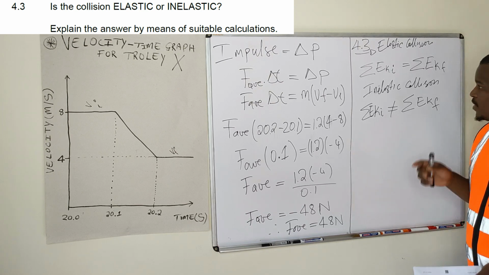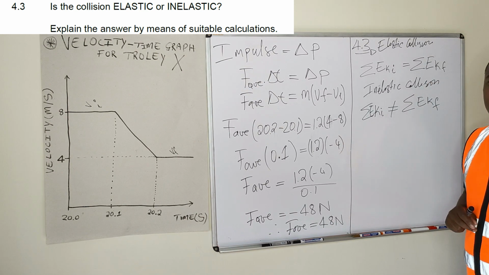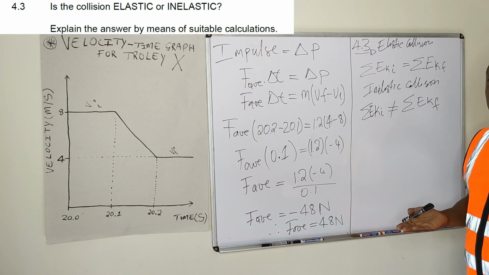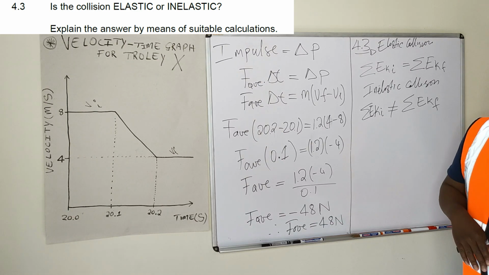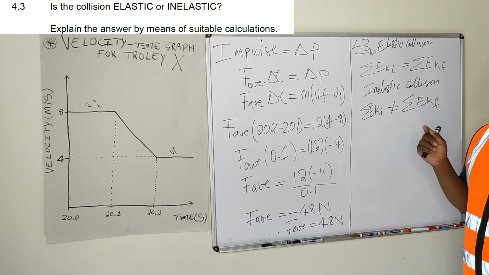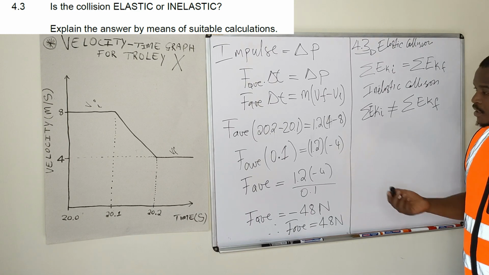What you need to do is sum your initial kinetic energies and sum your final kinetic energies and compare them. That's how you will be able to decide if your collision was elastic or inelastic. Let's do that.